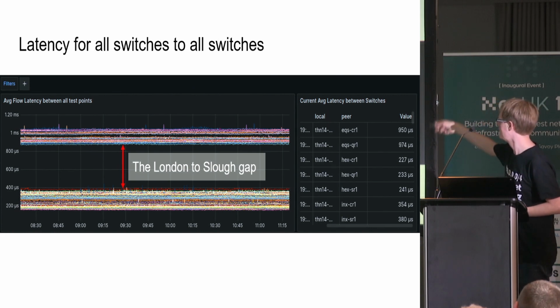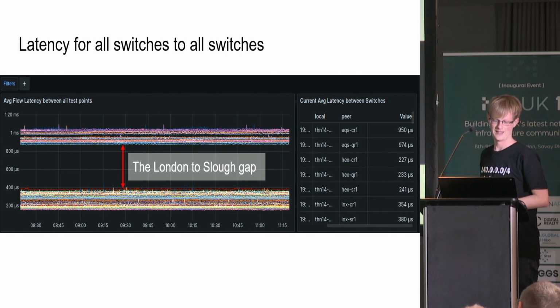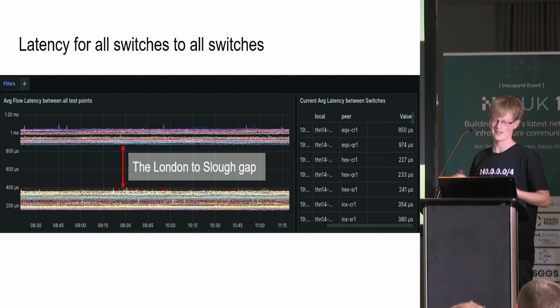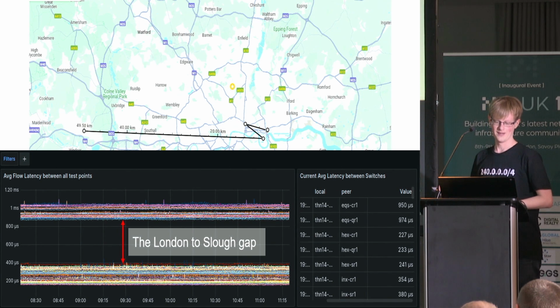Anyway, you can actually tell that it's not really London from some of the switches that are a whole millisecond away, which I assume back in 2015 didn't feel like a big deal, but there are certain applications now where you would at least notice the millisecond on graphs. So I think that's fascinating. And Slough is in fact quite far away. In fact, I think it's outside the M25, which means it is certainly not London.